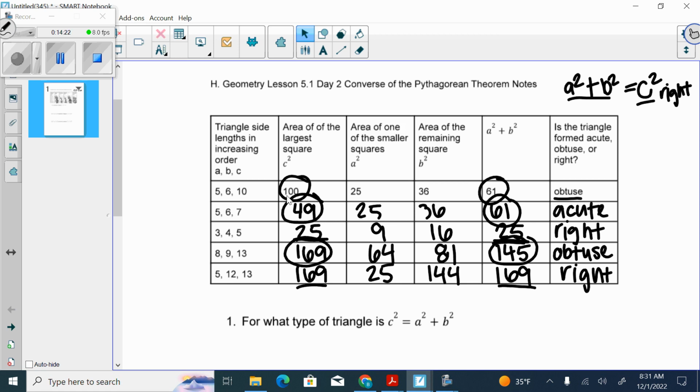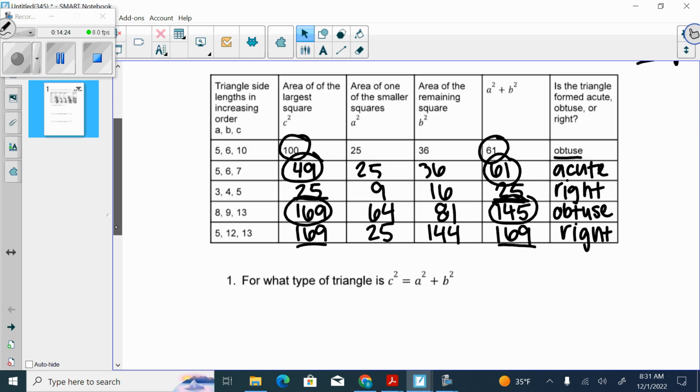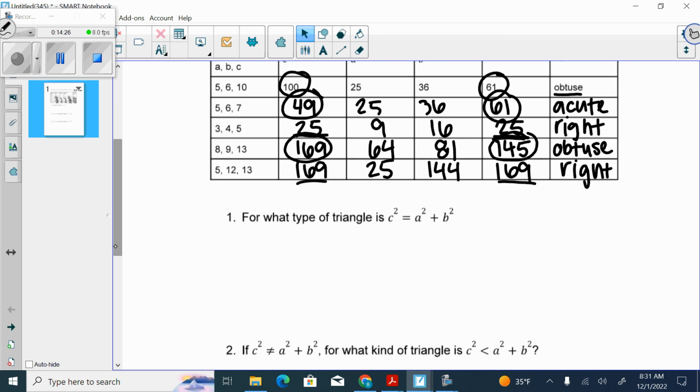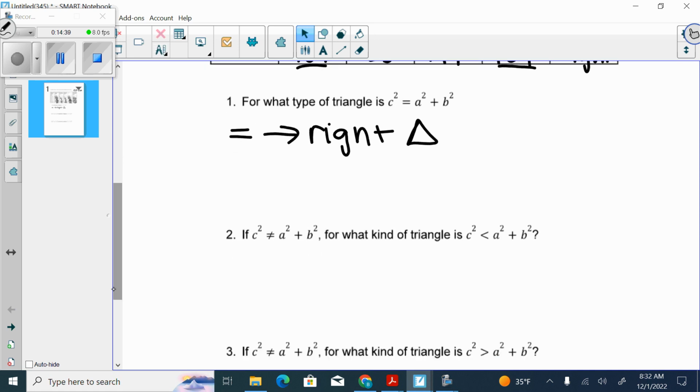Okay? All right, so for what kind of triangle did we say they would be equal? A right triangle. Good. So if it's equal, then we have a right triangle. Okay? All right, if it's not equal and C squared is less than my A squared plus B squared, what kind of triangle did we say that would give us? Acute.